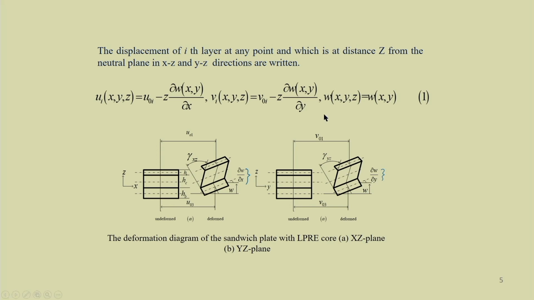We may assume this classical theory, so here we are assuming that in the z direction there is no change in the deflection. That means at any point along the z direction the displacement is considered to be the same.